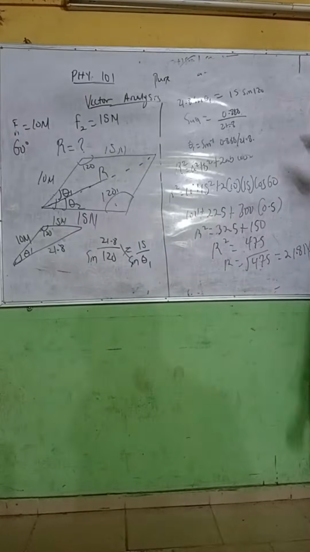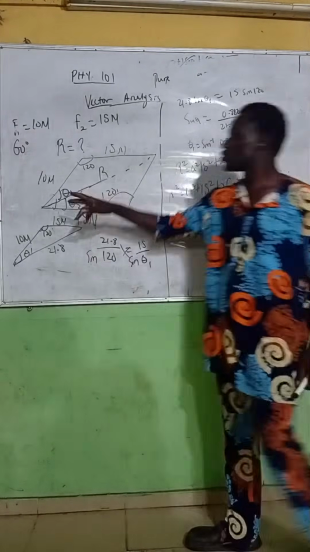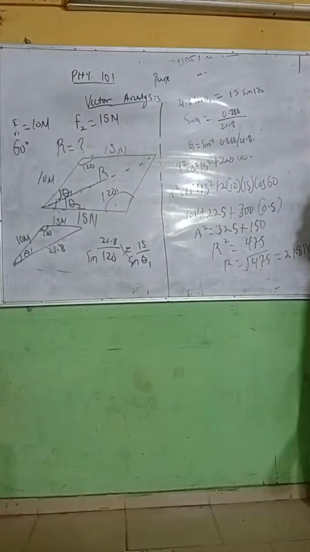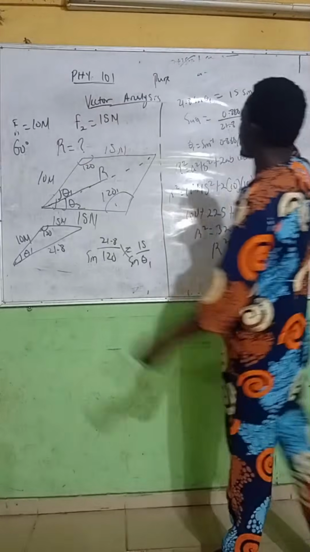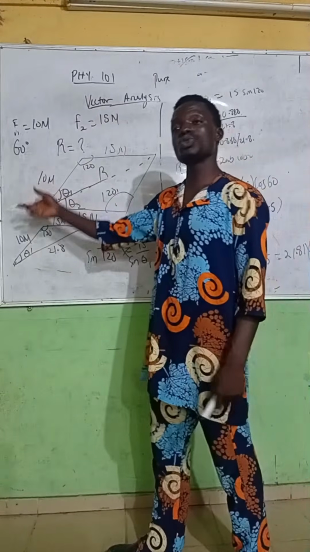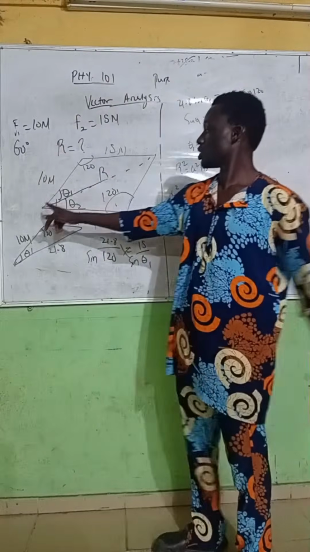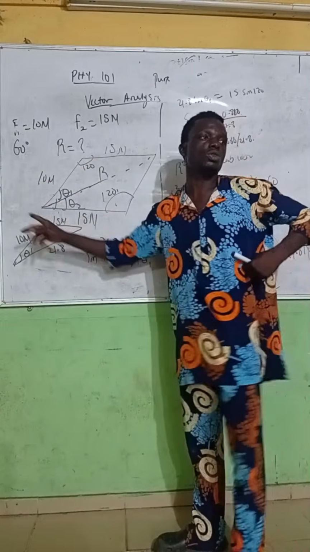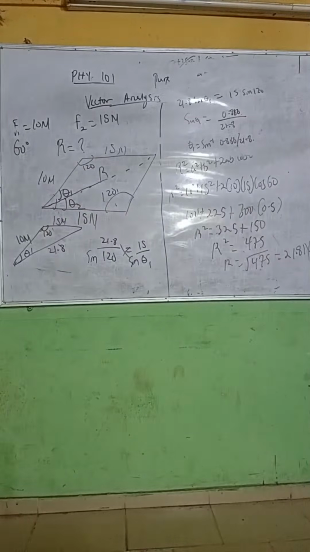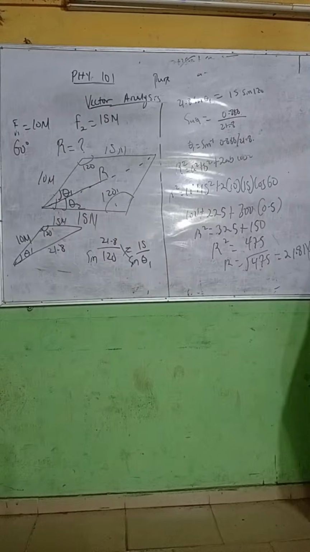Now, if you get this one, you don't need to look for theta 2 by using the sine rule again. Just subtract it from 60, since the total angle there is 60. Whatever we get here is the direction of the resultant to the 10 Newton force. Whatever you get as theta 2 is the direction of the resultant to the 15 Newton force. Do we get that?